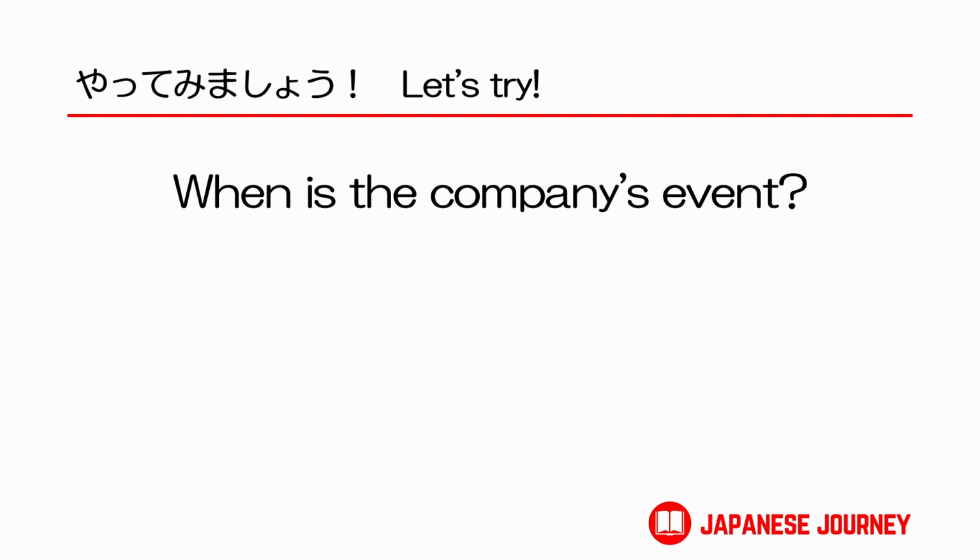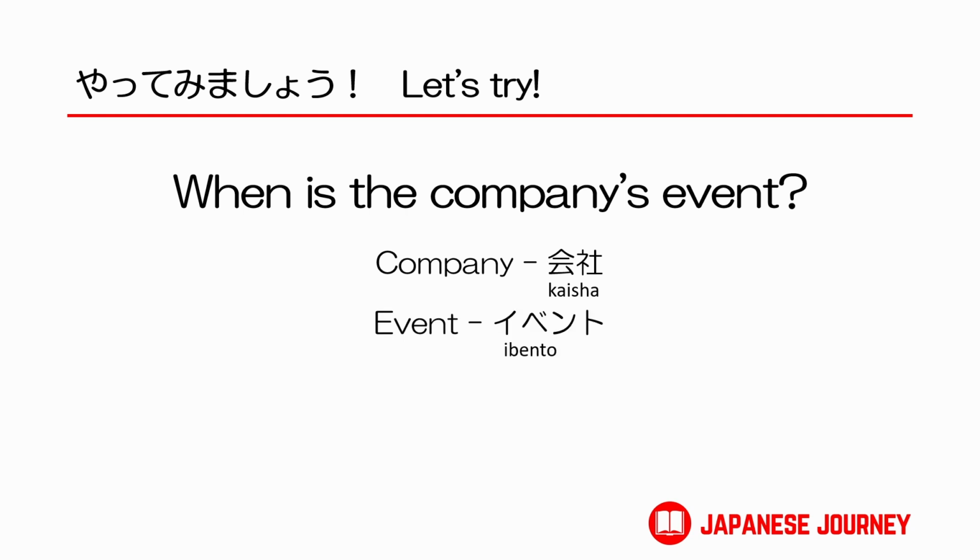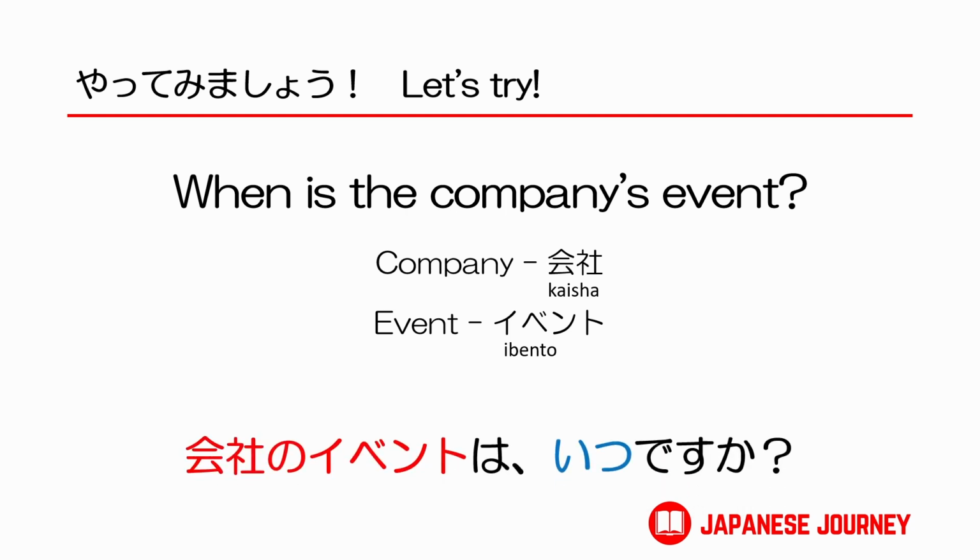Company in Japanese is 会社 and event is イベント。So the answer will be 会社のイベントはいつですか? When is your next company's event? 会社のイベントはいつですか? Please write your answer to this question in the comment section below.